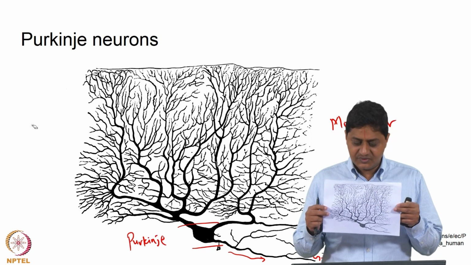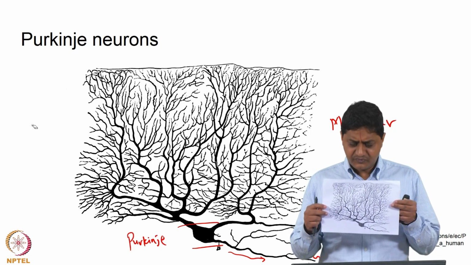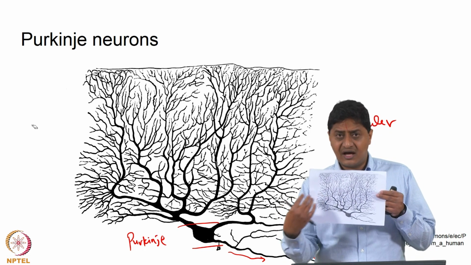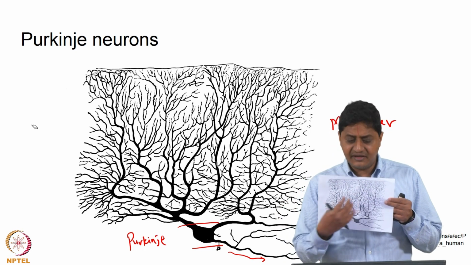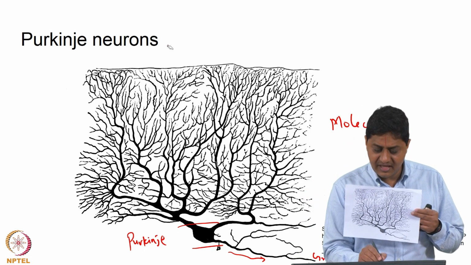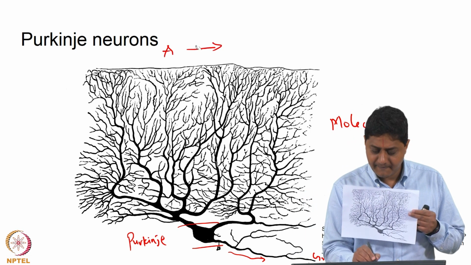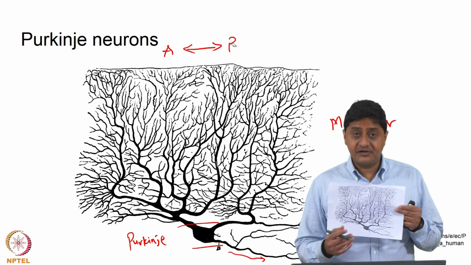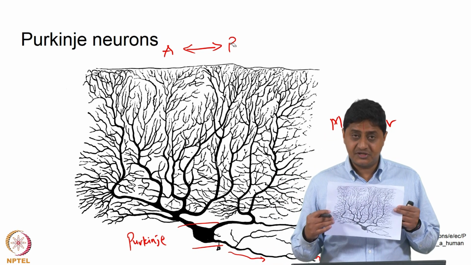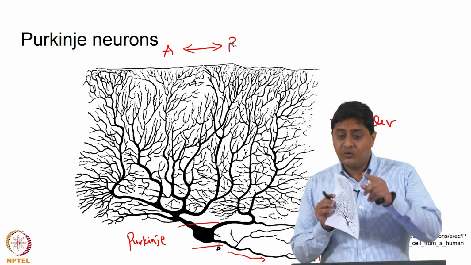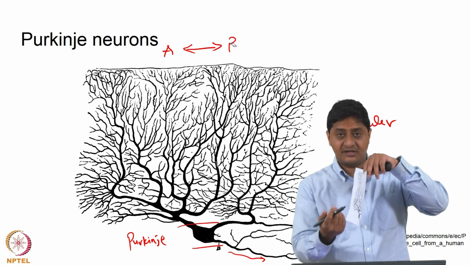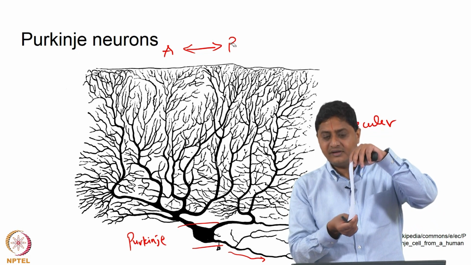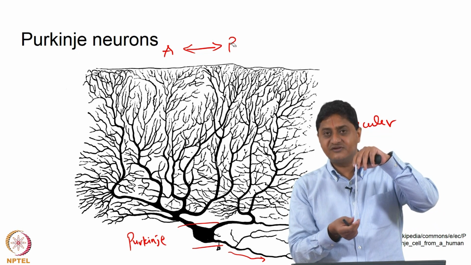What is actually true is that these Purkinje cells occupy a relatively large territory in the anterior posterior direction, this is the AP direction, but when you are looking at it from the mediolateral direction, it appears to you as if it is very thin.